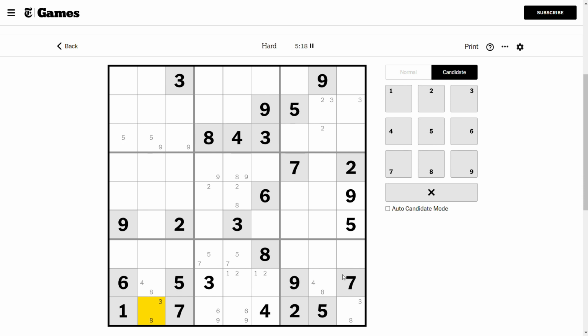Oh, okay, so somehow I didn't see this earlier. So these 7s point up. So all other open cells in box 3 see the 2 and 7. So 2 and 7 can only be placed in these two cells.